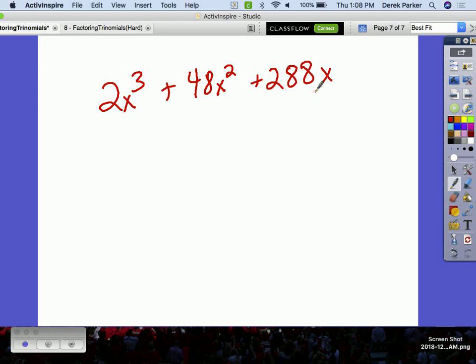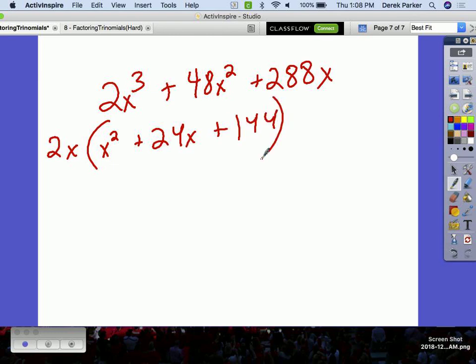So if you get to a problem like this, the first thing you need to do is pull out the common factor. In this case, the common factor would be 2x. 2x is going to go on the outside of the parenthesis, and then I rewrite. This will be x squared plus 24x plus 144.